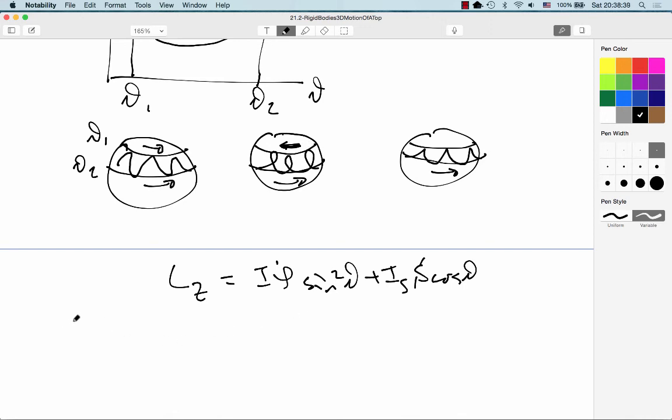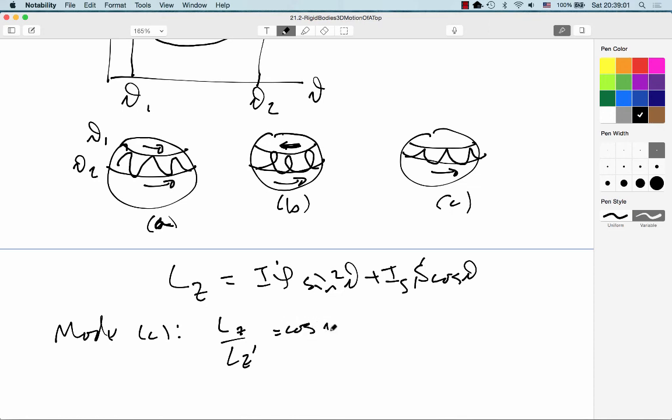So to get our mode C, if we call this A, B, and C, that could only occur if LZ over LZ prime is equal to the cosine of theta 1, and then at that point theta dot equals phi dot equals 0 at theta equals theta 1. So that's the condition to get that scalloped nutation.